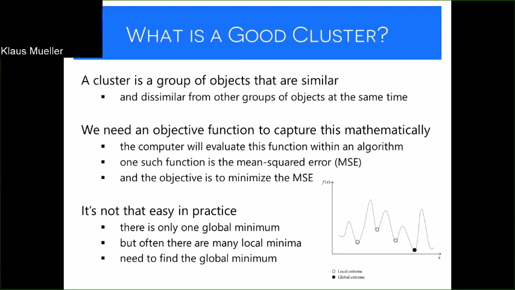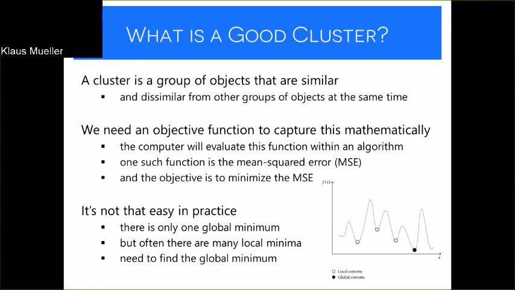You may only reach a local minimum, and because you're stuck there, you can't climb out and go to another minimum. So you need a technique that rescues you from these local minima and brings you to a global minimum.